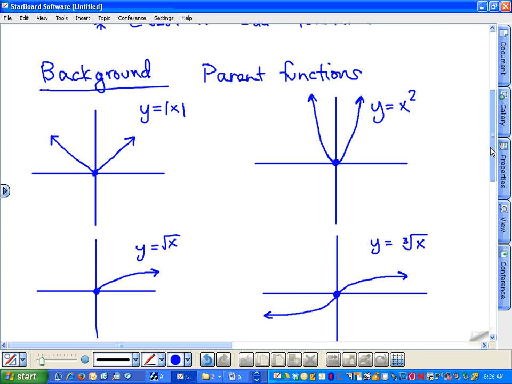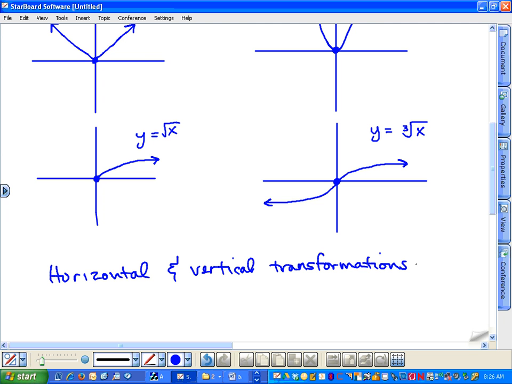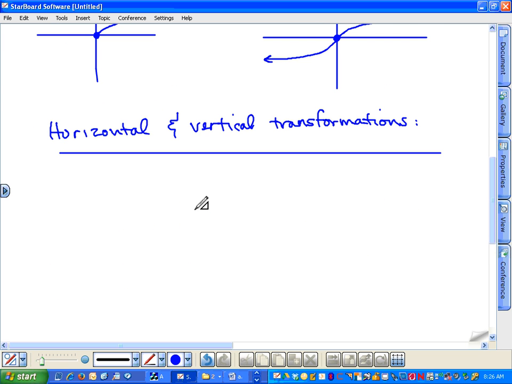Now, let's get into objective 1. Horizontal and vertical transformations. And we'll start with horizontal.